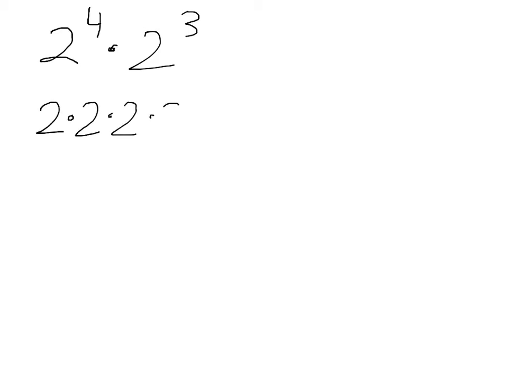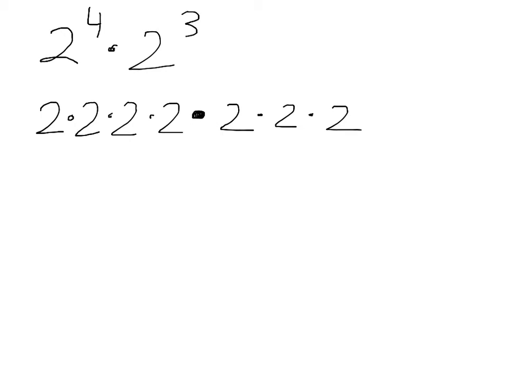Take something like 2 to the 4th times 2 to the 3rd power, and think about what those actually mean. 2 to the 4th actually means 2 times 2 times 2 times 2. Now, I want to multiply that times 2 cubed, which is 2 times 2 times 2.